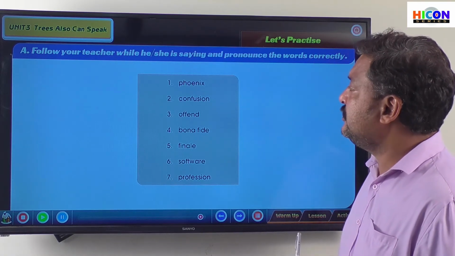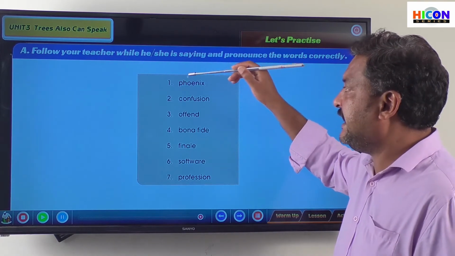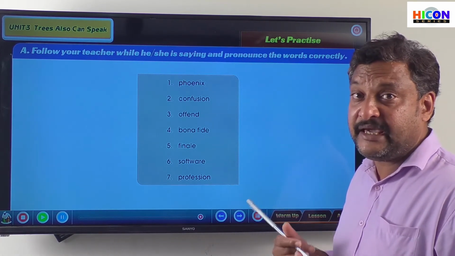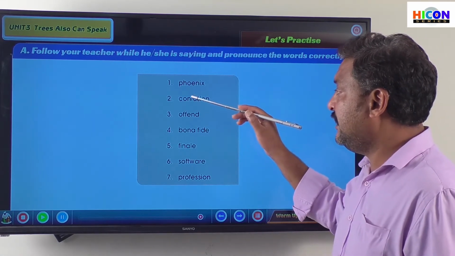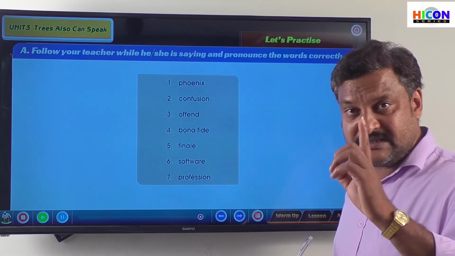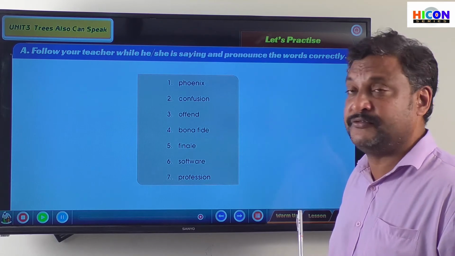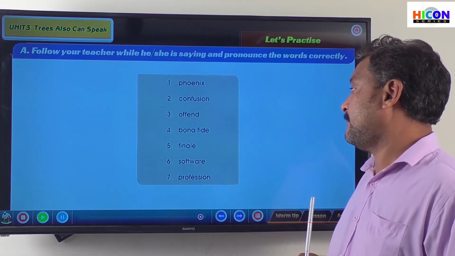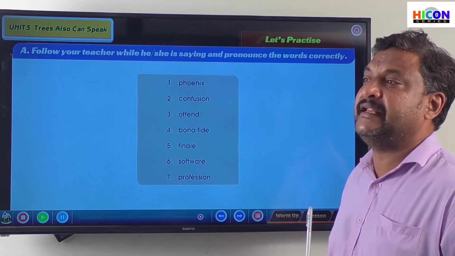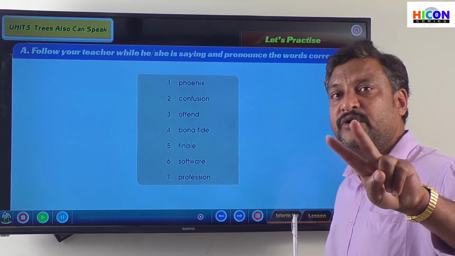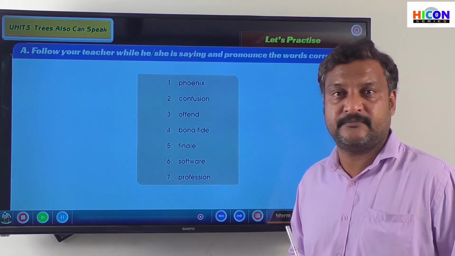Now, what do we use to make this sound? So in the first word we have PH. PH is making the sound F. In the second, confusion, only one single F is there, and that is making the sound F. Offend has 2 Fs: O, F, F, E, N, D. So the combination of two Fs together is making the sound F there, right?